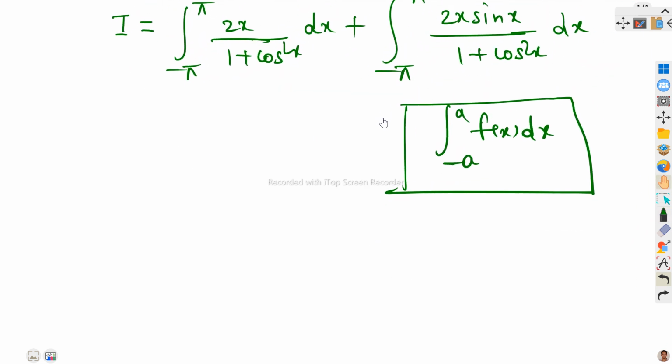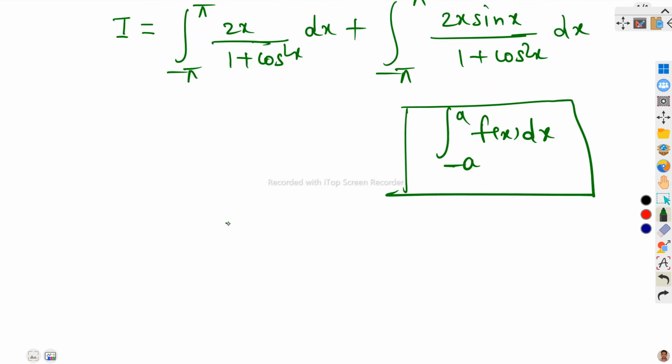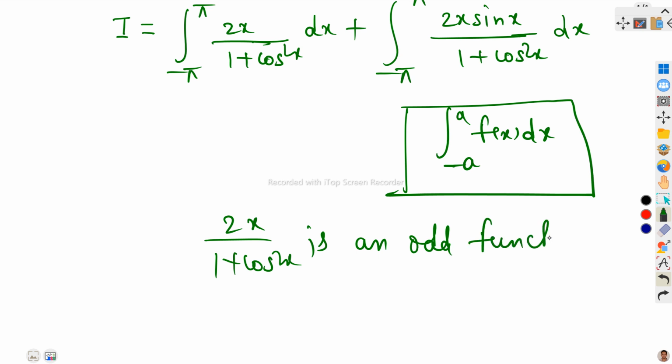We can see here that this function, 2x upon 1 plus cos²x, is an odd function. Why?